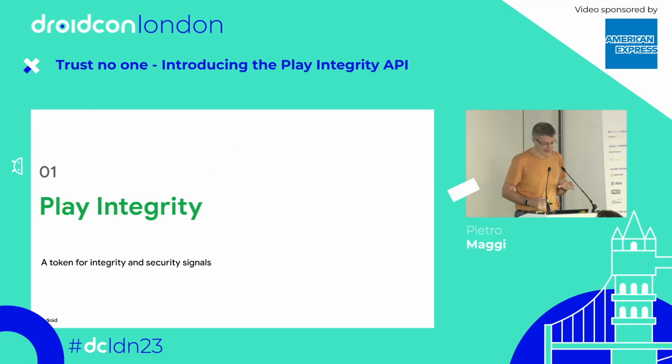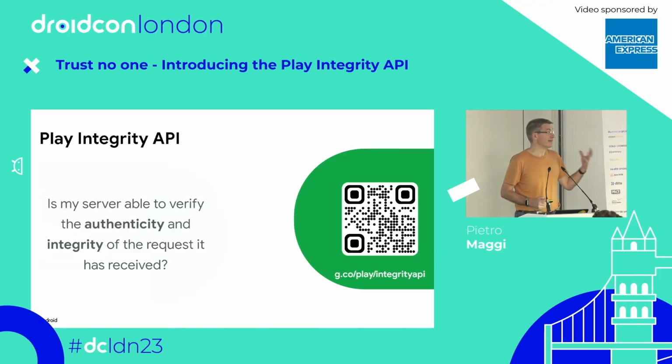The idea of the Play Integrity API is to guarantee that the request that is hitting your backend server is coming from a trustworthy source. So it's checking the authenticity and the integrity of the request that you are receiving. This is important on this point.